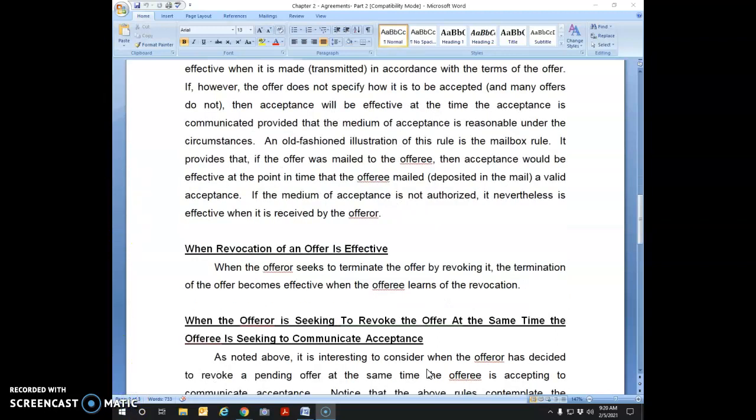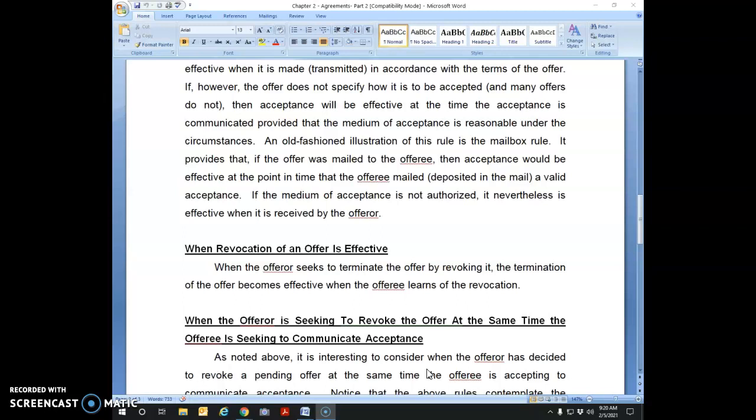So at this point we've now identified a valid offer. We've identified how it can be terminated. It may, however, not be terminated, and the offeree then accepts it. So we're through the basics of offer and acceptance, except to look at one last question.